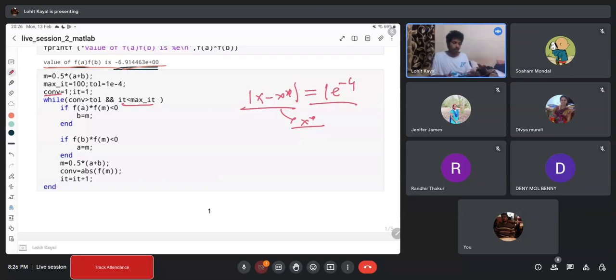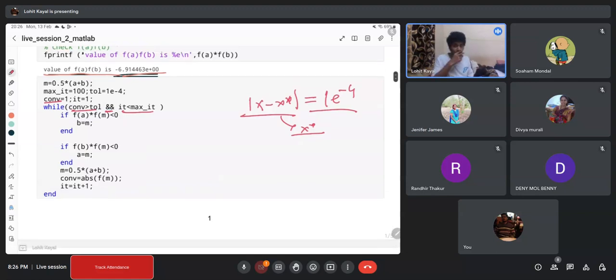So what is the meaning of this symbol? When conv is greater than tol, that means here conv is 1, that is my initial guess error, is greater than tol, that is 1e minus 4, then the loop will run. This is called AND.